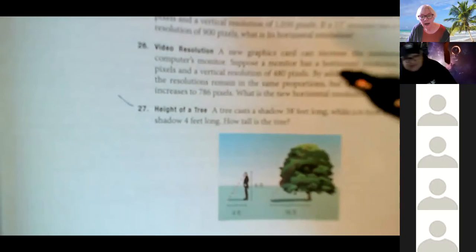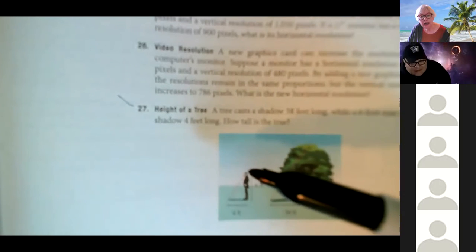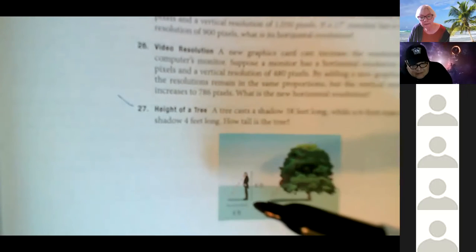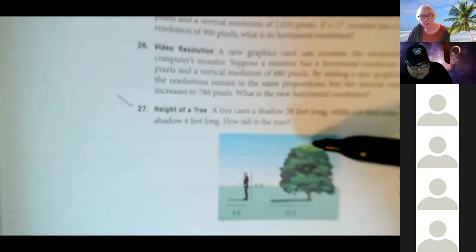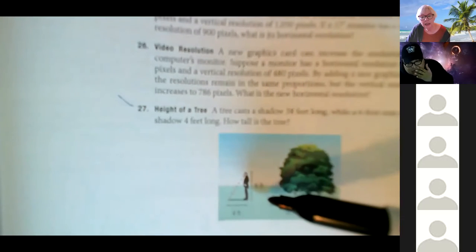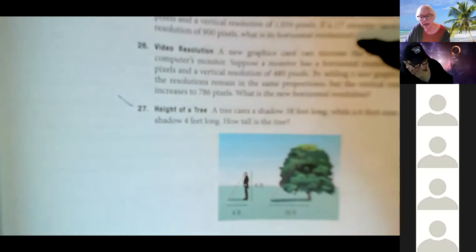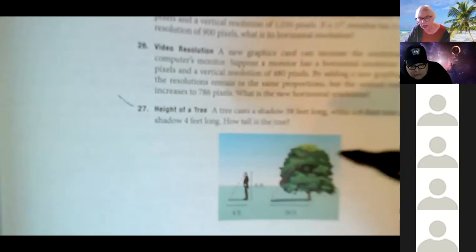So what I'm going to show you with a picture is the shadow created by the man, which is standing right here, is actually proportional to the tree and its shadow, because the sun is coming down at that same angle. So I'm going to draw this for you on paper so that you can actually see the numbers.